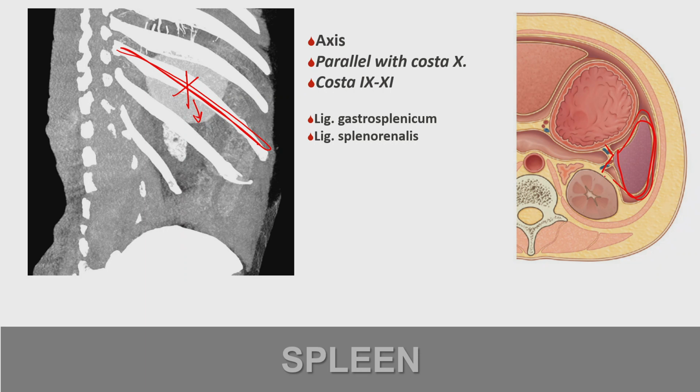Then it's very important that bleeding from spleen is rapid into the peritoneal cavity and could go to the exsanguination and hypovolemic shock. The spleen is fixated by gastrosplenic and splenorenal ligaments.